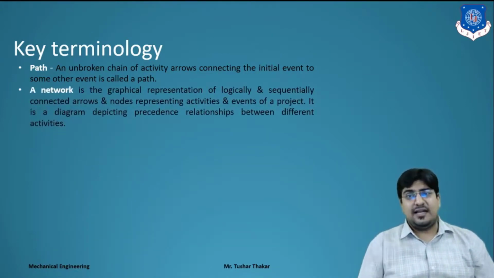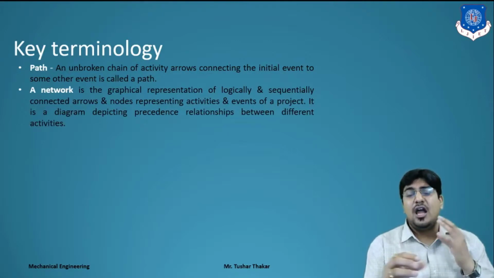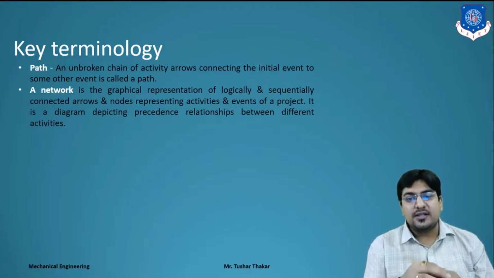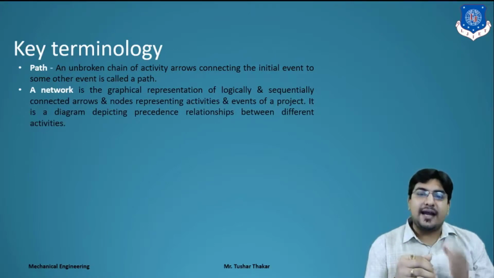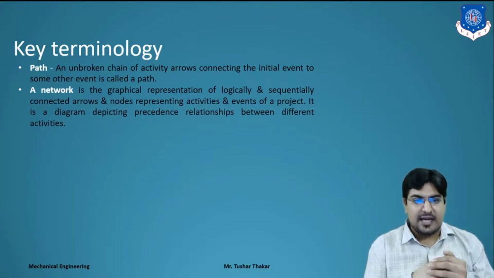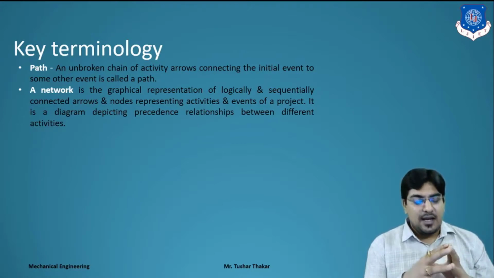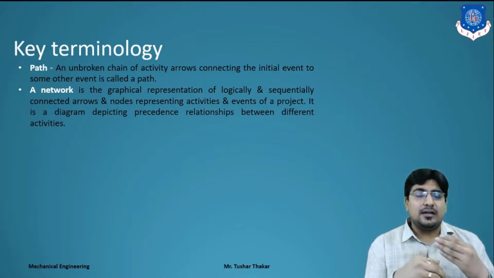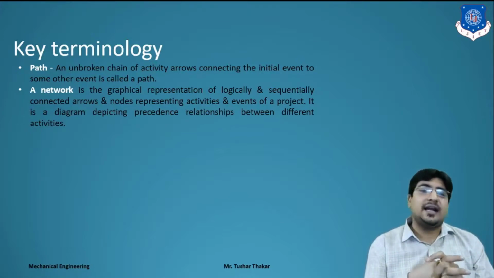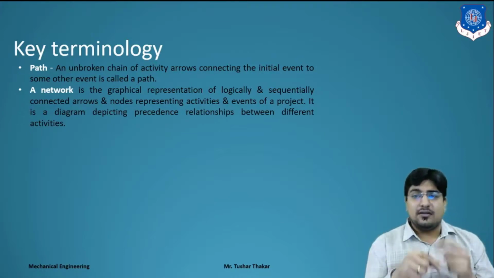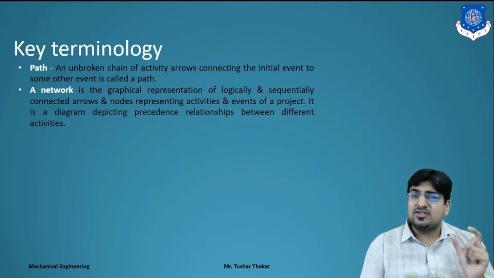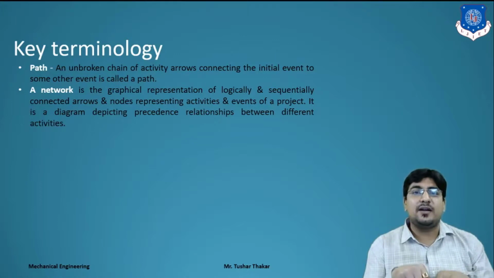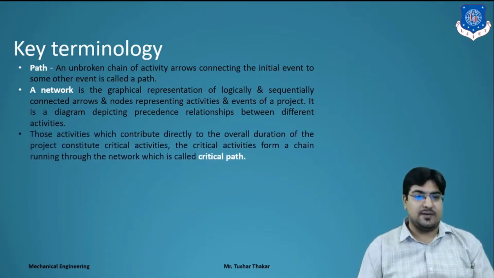A network is a graphical representation of logically and sequentially connected arrows and nodes, which represent the activities and events of the project, and that graph shows the relationship of the activities and the cost and time duration of those activities. It starts from the first activity to the end activity. The whole graphical representation is known as a network.